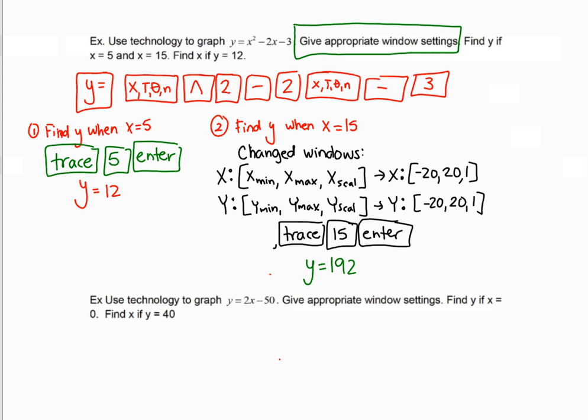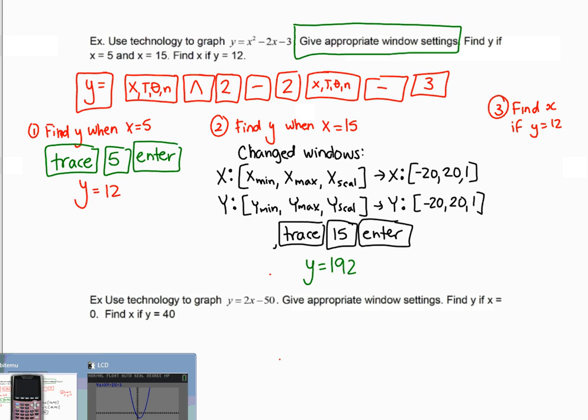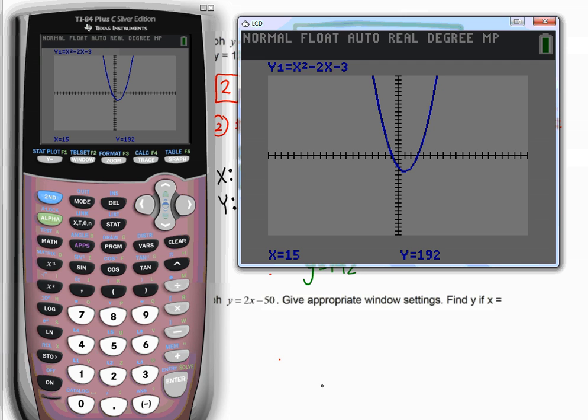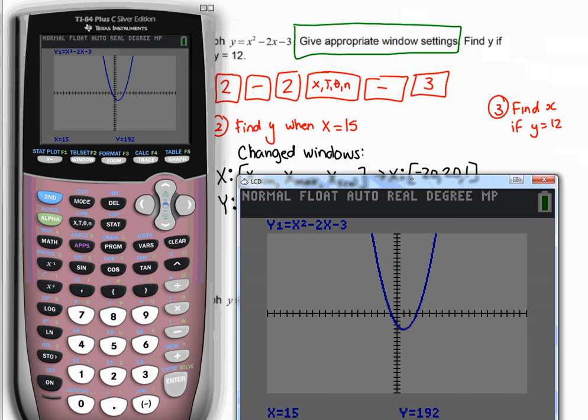The last thing it asked me to find is what? Find x if y is 12. So if they give us a y, what do we do? Put it in y2. Okay, so we're going to go put it in y2.